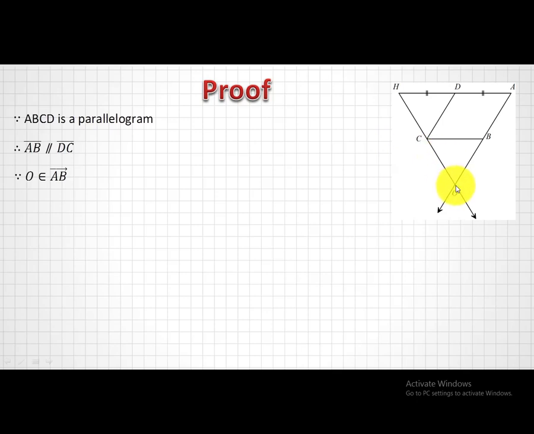Since point O belongs to the ray AB, therefore line segment AO is also parallel to what? Yes, line segment DC. Since AO belongs to the ray AB, therefore line segment AO is parallel to line segment DC. And AH and HO are transversals.